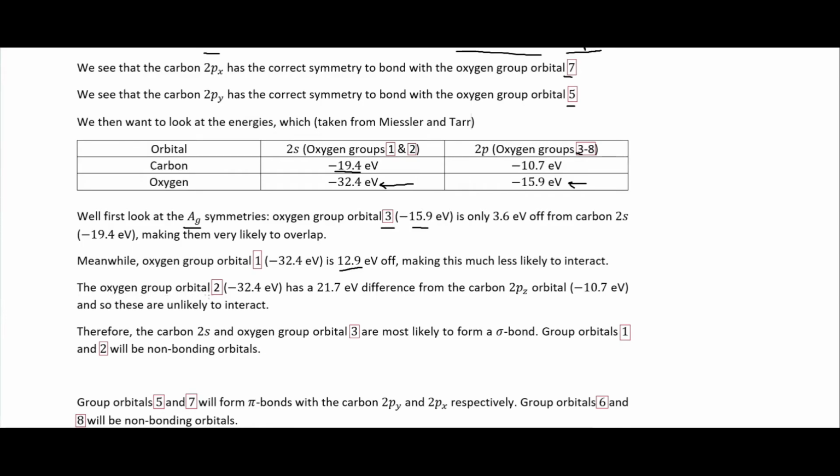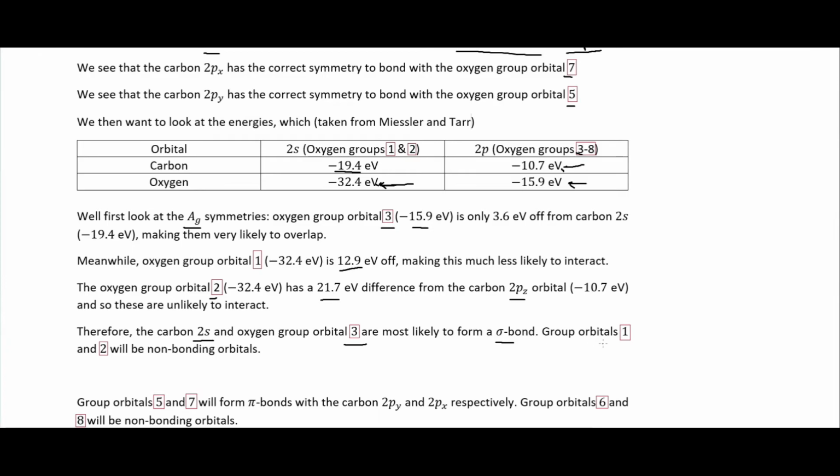The oxygen group orbital 2, which is again this minus 32.4 electron volts, is 21.7 electron volts different from the carbon 2pz, and so that would be this one right here. And so these are unlikely to interact, and therefore the carbon 2s and oxygen group orbital 3 are most likely to form the sigma bond.